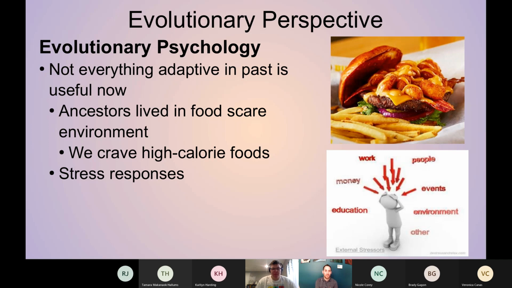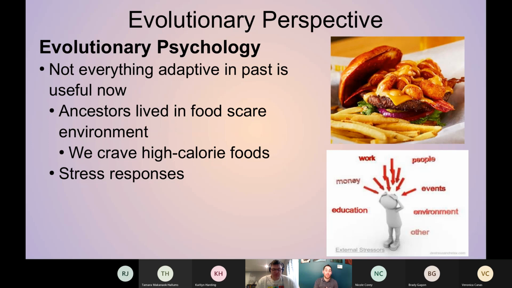Because when those became available, storing up on them, eating a lot of it was good for our survival. But now, in places where we don't have a food scarce environment, where it's maybe a little easier or cheaper to get a hamburger versus a salad, that's not necessarily good for obesity, right? So this adaptation is not necessarily adaptive to the environment that we have built as humans now.